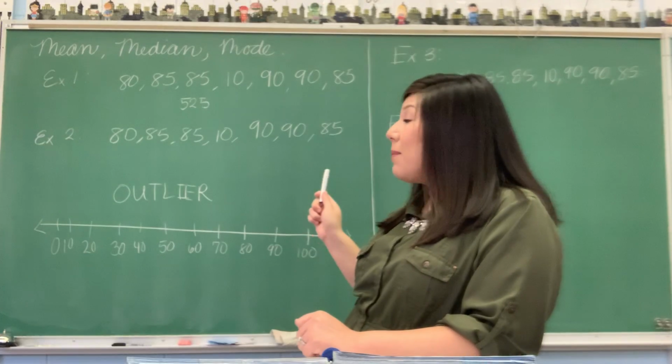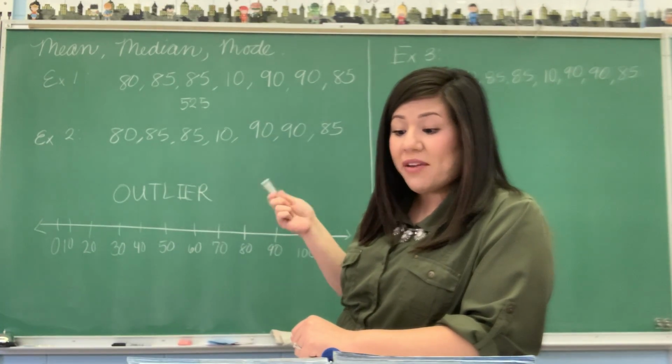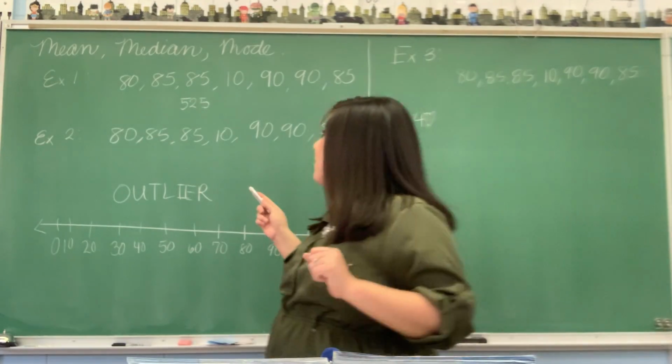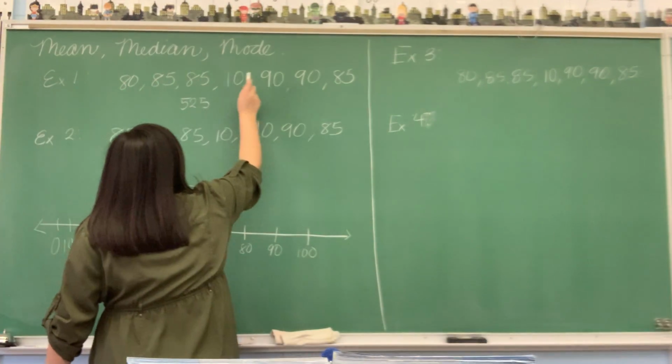Now, what would I divide by here? The sum is 525, but how many numbers would I divide by? I would divide by 7 because there's 1, 2, 3, 4, 5, 6, 7.